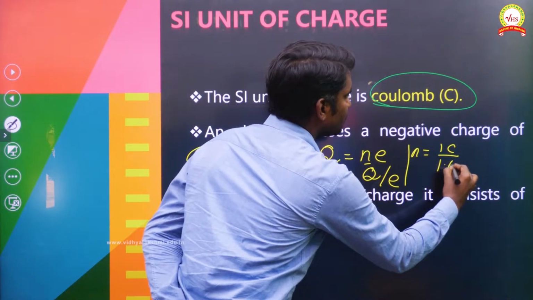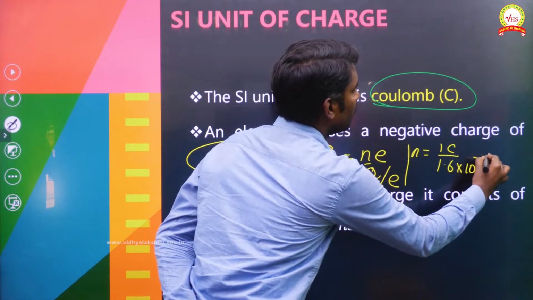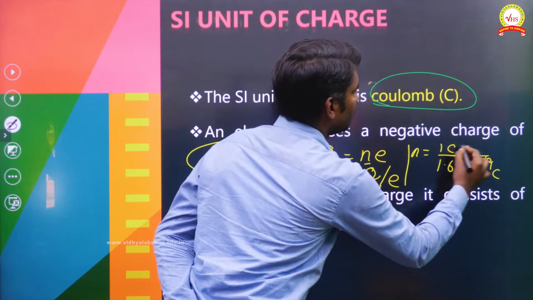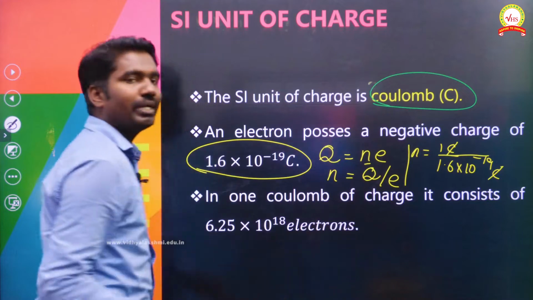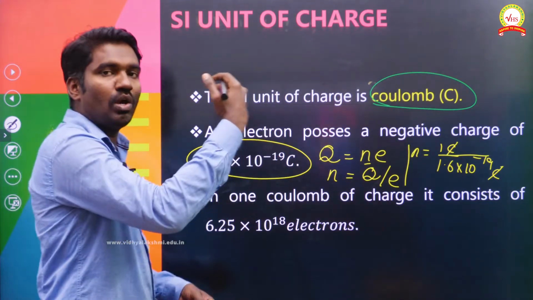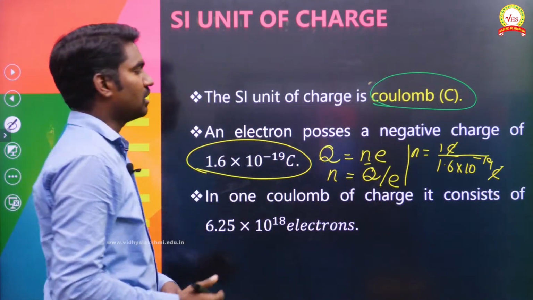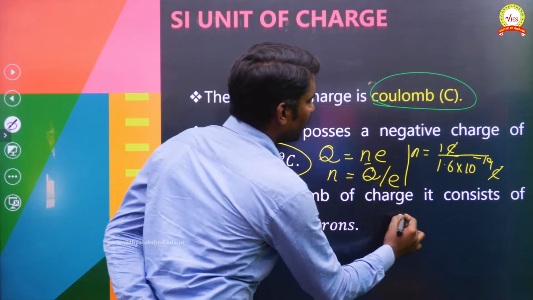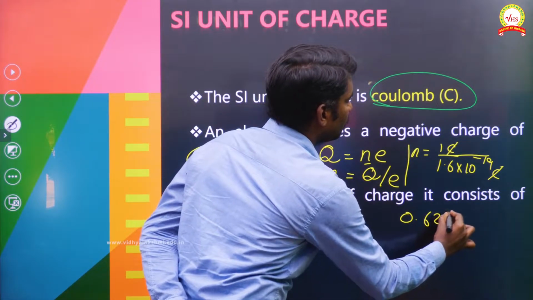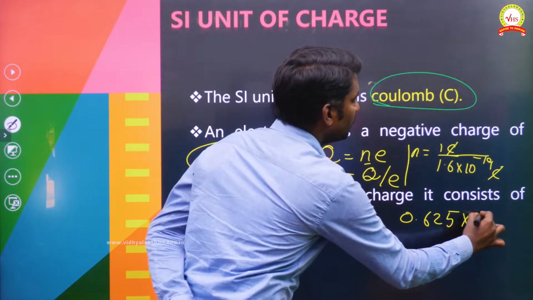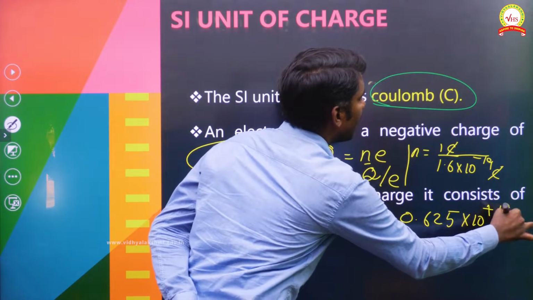Here also coulomb is there, so we can cancel each other. So what remains? 1 by 1.6. After simplifying this, you'll get 0.625 into 10 to the power of plus 19.